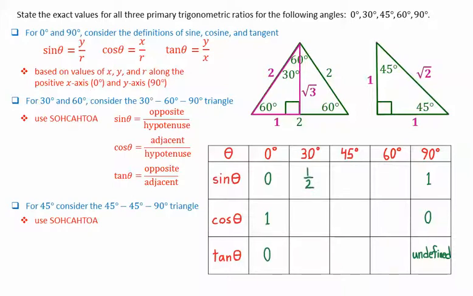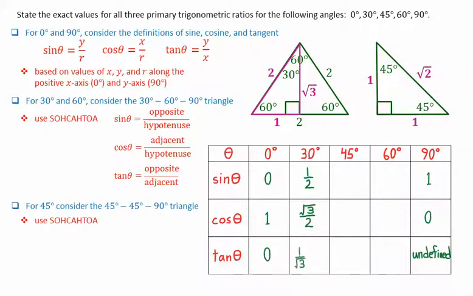Looking now at the 30, 60, 90 triangle, for sine of 30 degrees, the opposite side of 30 degrees is 1, and the hypotenuse is 2, giving sine 30 equals 1/2. For cosine, relative to the 30 degrees, the root 3 is the adjacent side, and again 2 is the hypotenuse, giving cosine 30 degrees equals root 3 over 2.